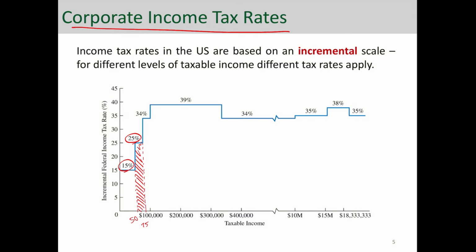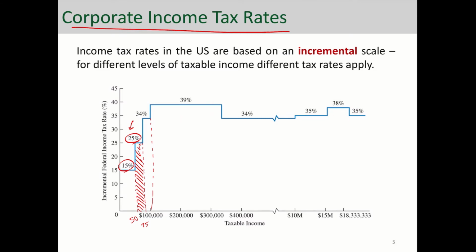But after $50,000, as long as your income is less than $75,000, you're going to pay 25% for that portion of the income. And that goes up to 34% for between $75,000 and $100,000, and you can see the changes on income tax rate for different taxable income range.